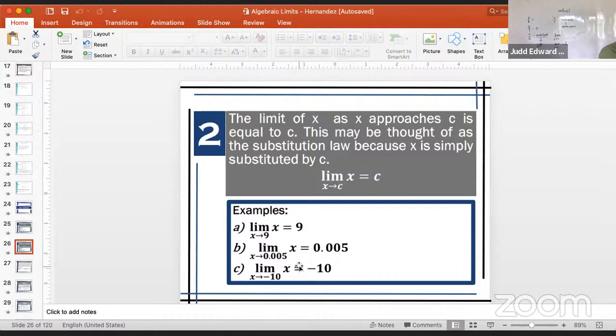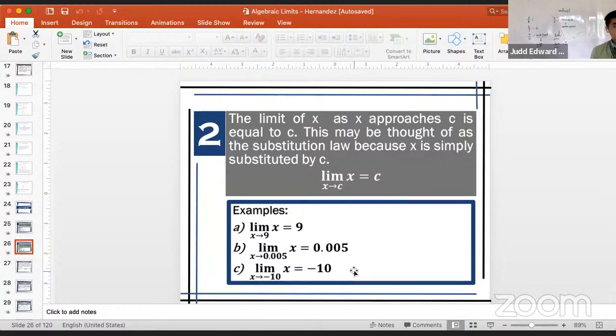Next, the limit of x as x approaches c is equal to c. This may be taught as the substitution law because x is simply substituted by c, just like this one. The limit of x as x approaches 9 is equal to 9. The limit of x as x approaches 0.005 is equal to 0.005. The limit of x as x approaches -10 is equal to -10.